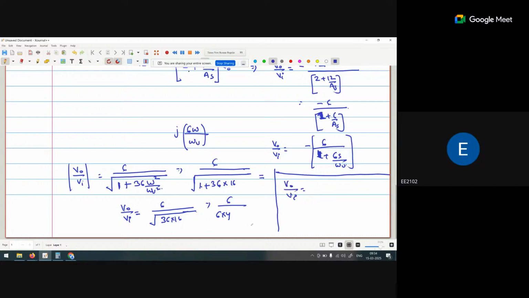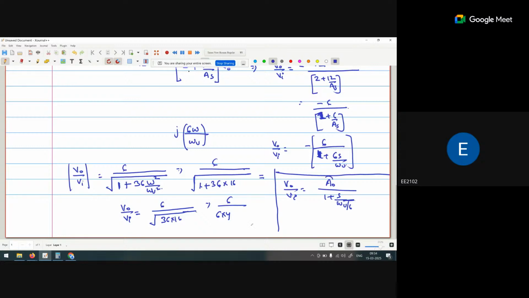V naught upon Vi. The DC gain is that when s is 0, because s is j omega, omega is 0. So can I represent this one as A naught upon 1 plus s upon omega u by 6? Okay, A naught upon 1 plus s omega u by 6.